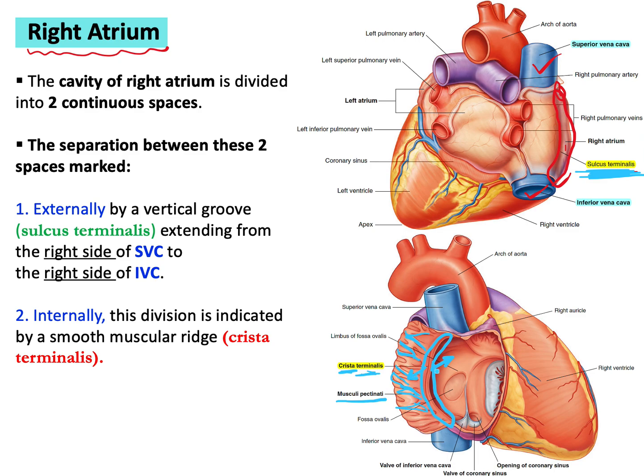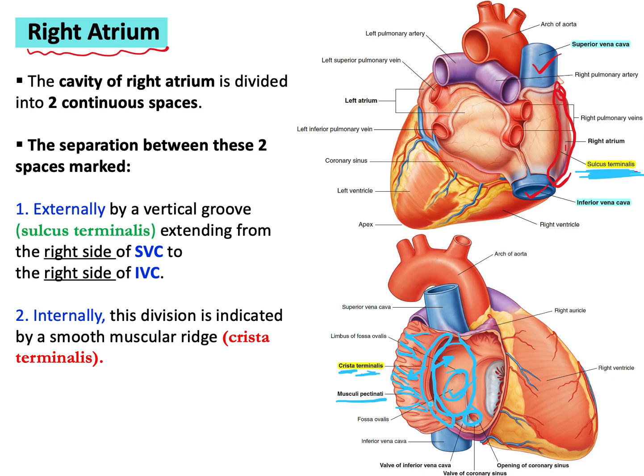And on the other hand, the space of the right atrium that's located behind this crista terminalis is smooth and has a couple of openings, like the opening for the coronary sinus, and this fossa.